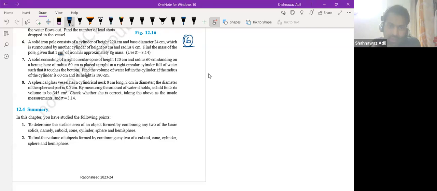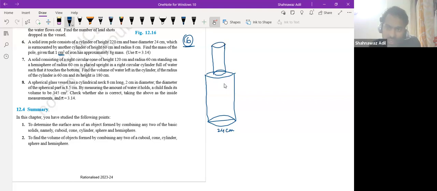And what is the structure? So one is this cylinder, and this has a larger diameter. So this base diameter is 20 centimeter. And on top of it, another cylinder of height 60 centimeter. And then this radius is 8 centimeters.